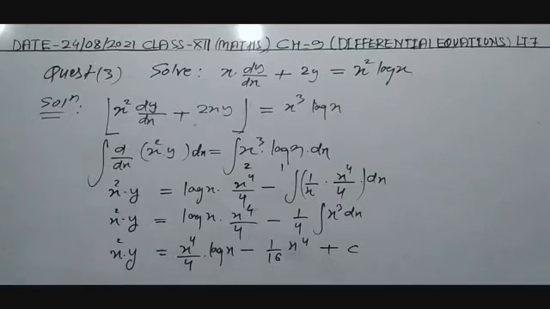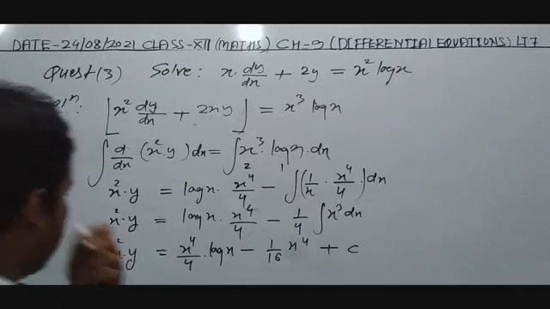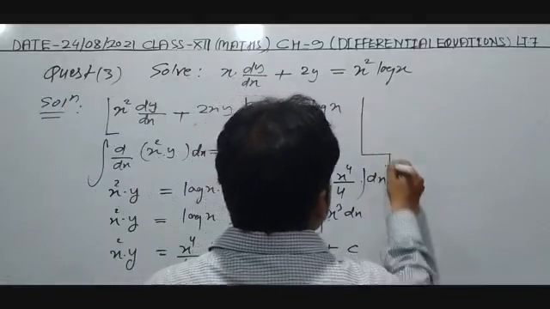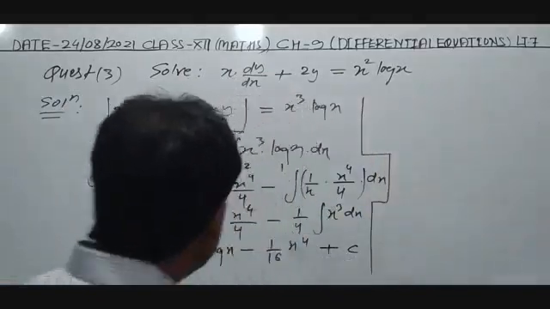Now you can also take common x square and divide by x square. So what will you get as the result?